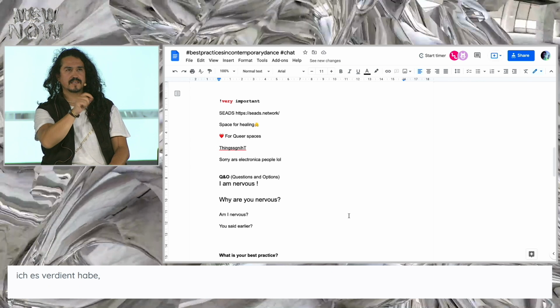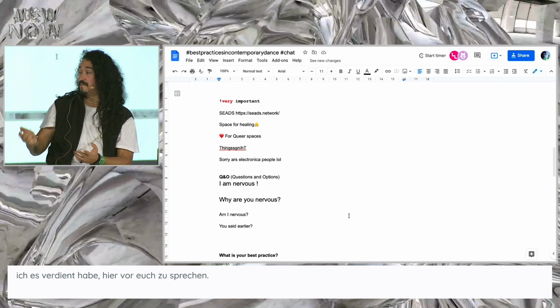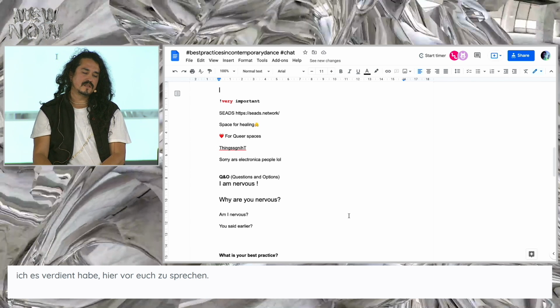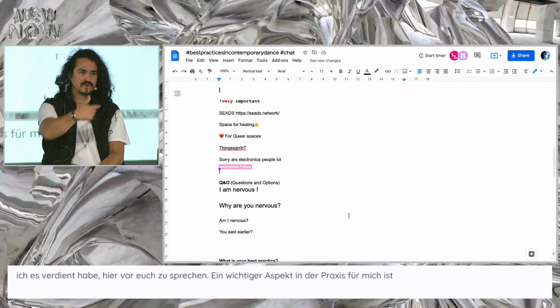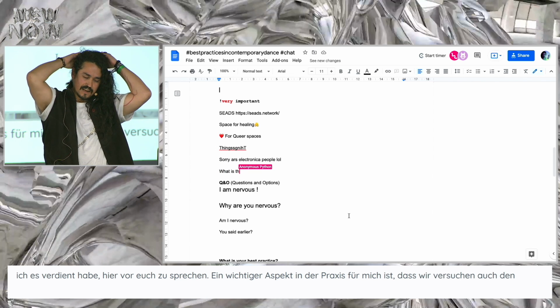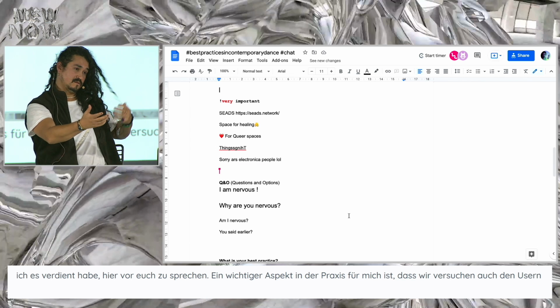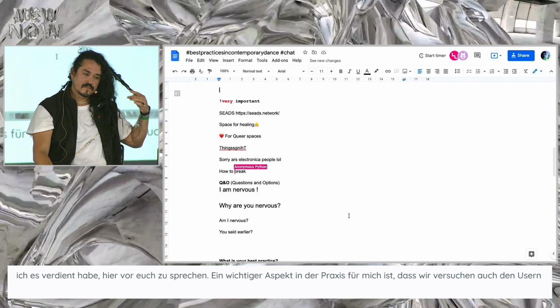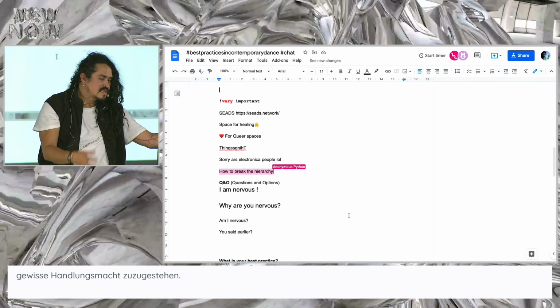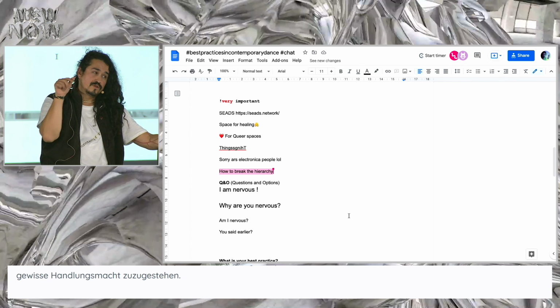So basically, in the practice, one of the aspects that's very important for me is that we try to give agency back to the user. So instead of telling the user what is interesting, the practice itself is in a space, so this is the chat.